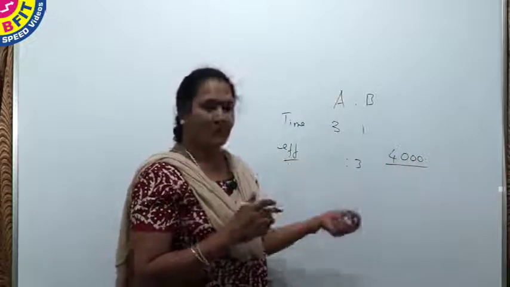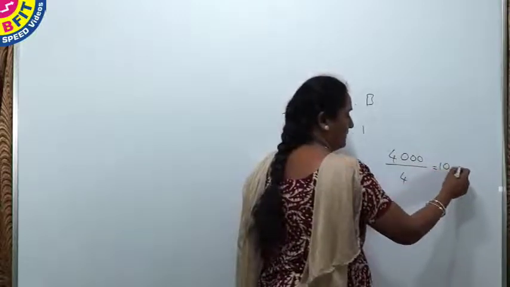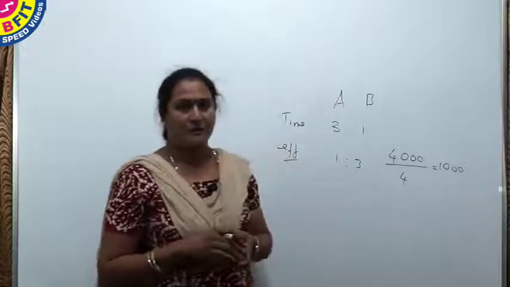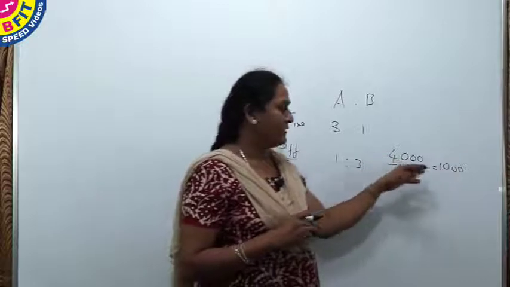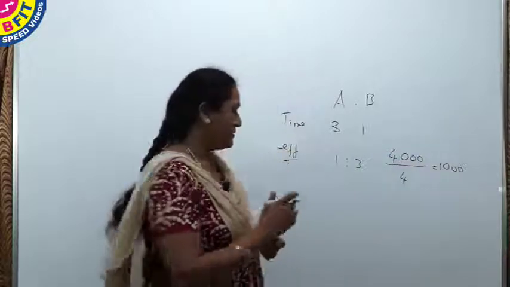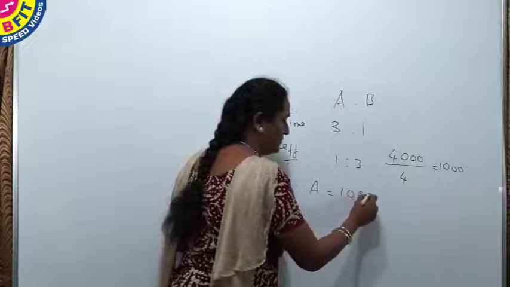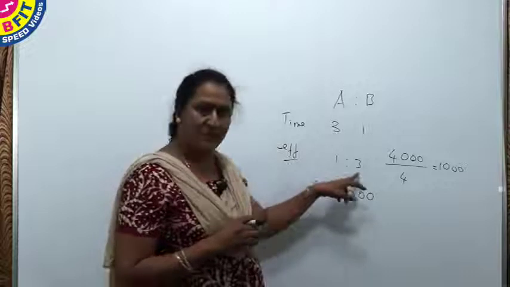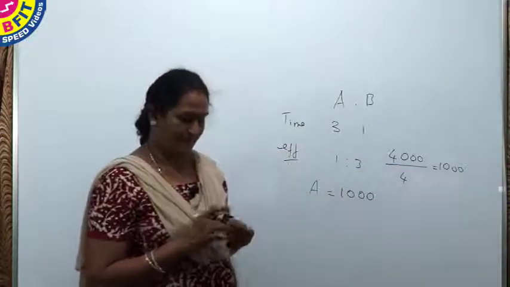Dividing by total parts, the wages for 1 part is 1,000. As A has done 1 part of the work, he will receive 1 part of the share. So A's share is 1,000 rupees. If it is asked for B, B has done 3 parts of work, so he will receive 3,000 as his share.